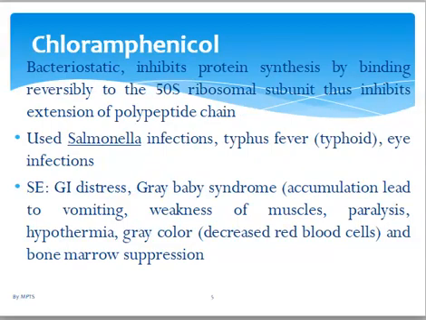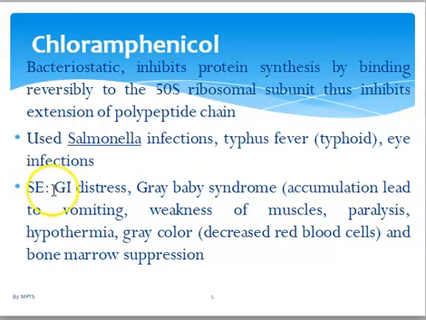Chloramphenicol, this is bacteriostatic, and also inhibits protein synthesis by binding reversibly to the 50S ribosomal subunit, and this inhibits peptide chain elongation, or extension of the polypeptide chain. It is used in salmonella infection, typhus, typhoid, and eye infection, because we have the eye drops.